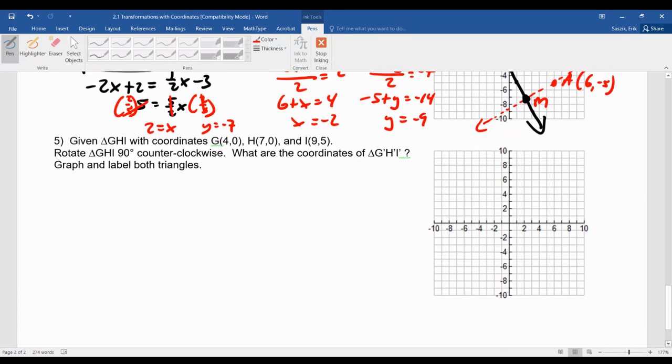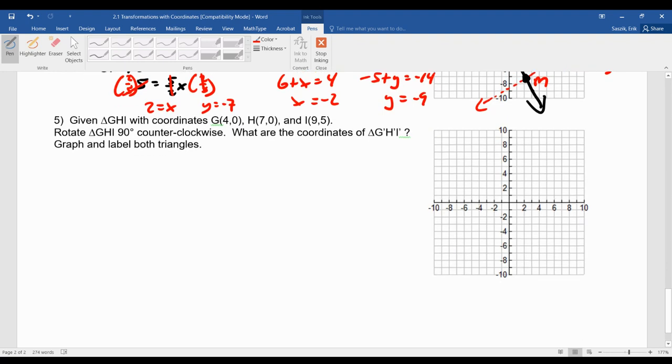Okay. This one here, it says, I'm not going to do the graph. I'm just going to give the coordinates. And I'm going to talk through it.